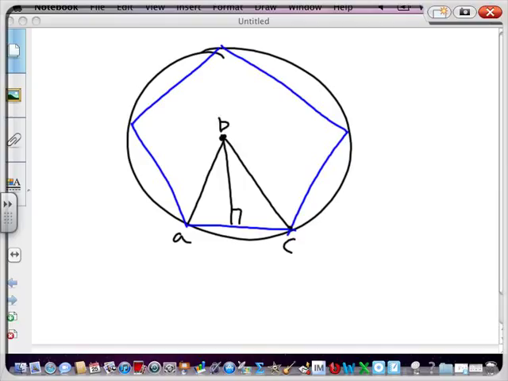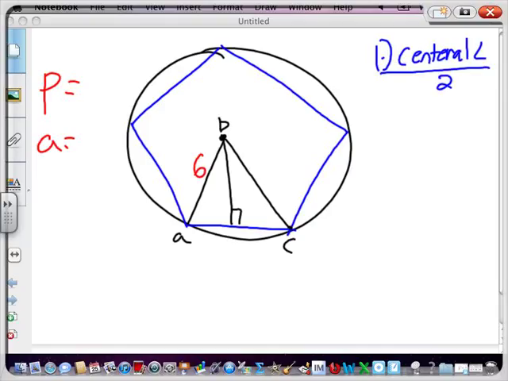What should be written on here is that the radius is 6. Remember, to find the area of this, we have to find two things. We need the perimeter, and we need the apothem. Do we have either of those? No. First things first, we need to find the central angle, and we have to divide it by 2.